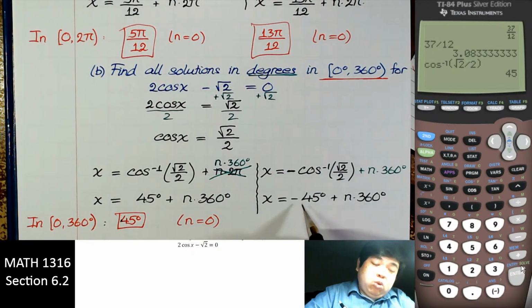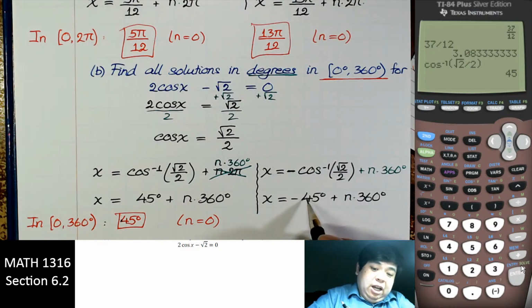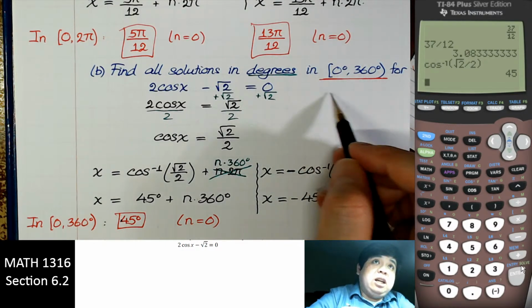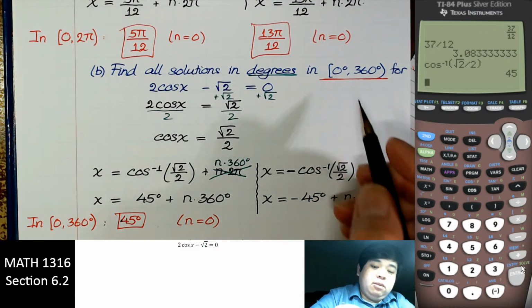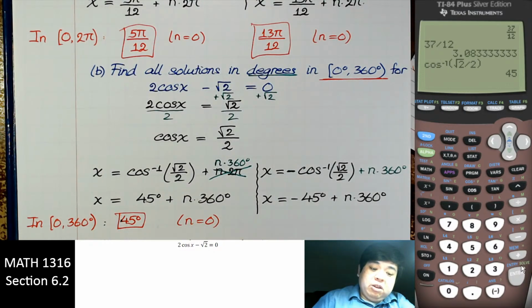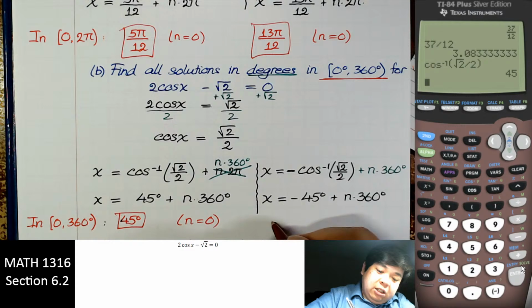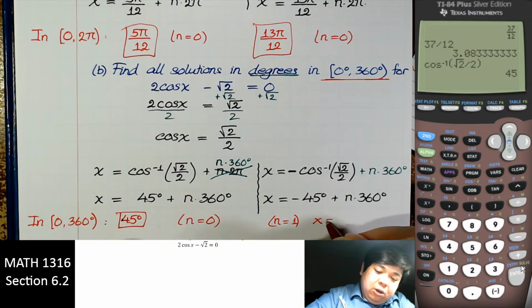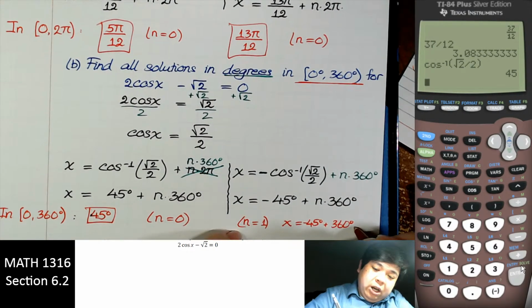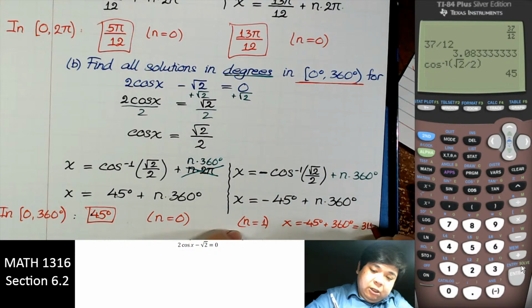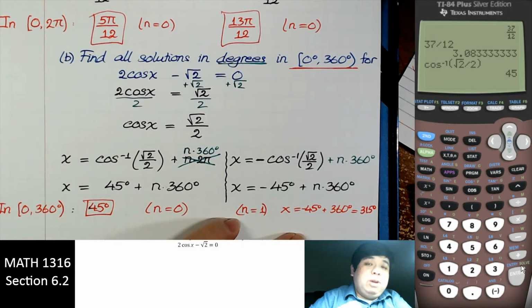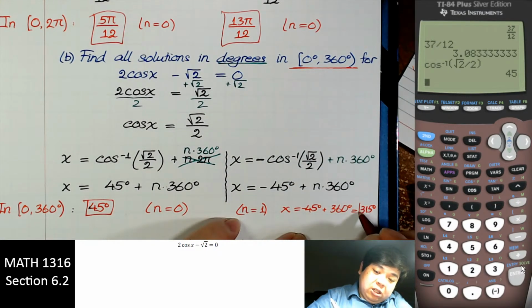But for this one, negative 45 degrees is not in here, right? So in that case, we have to choose a different value for n. If we choose n equal to 1, x equal to negative 45 plus 360, this is 315 degrees. And 315 degrees is between 0 and 360, so that one's good.